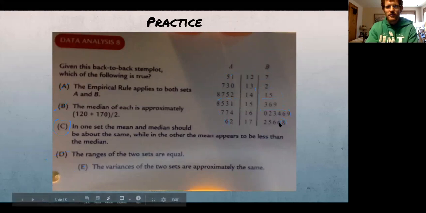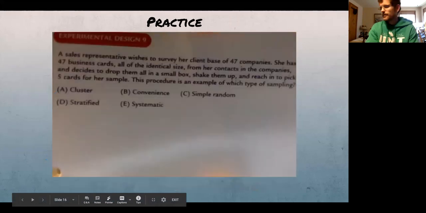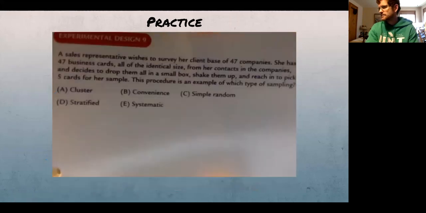look at those. So the first four were from previous units. Now we're going to talk about the current stuff. So pretty simple situation here. Survey her client base. She's got 47 business cards.